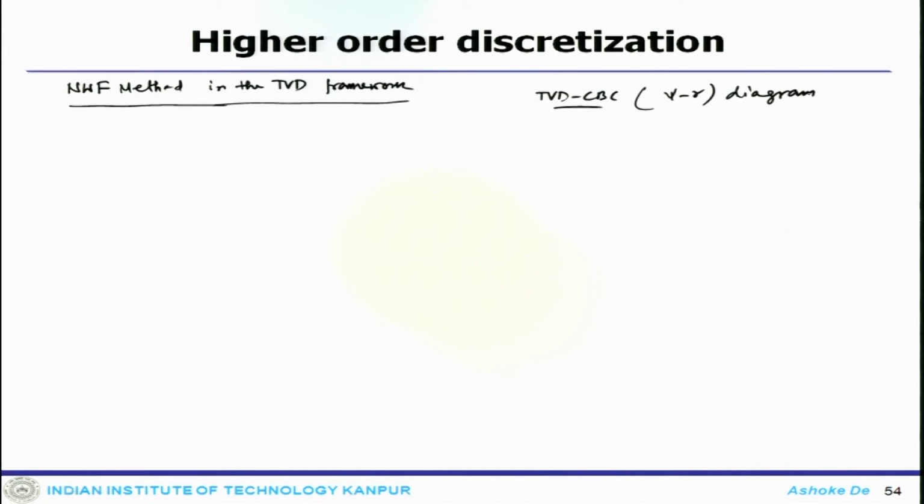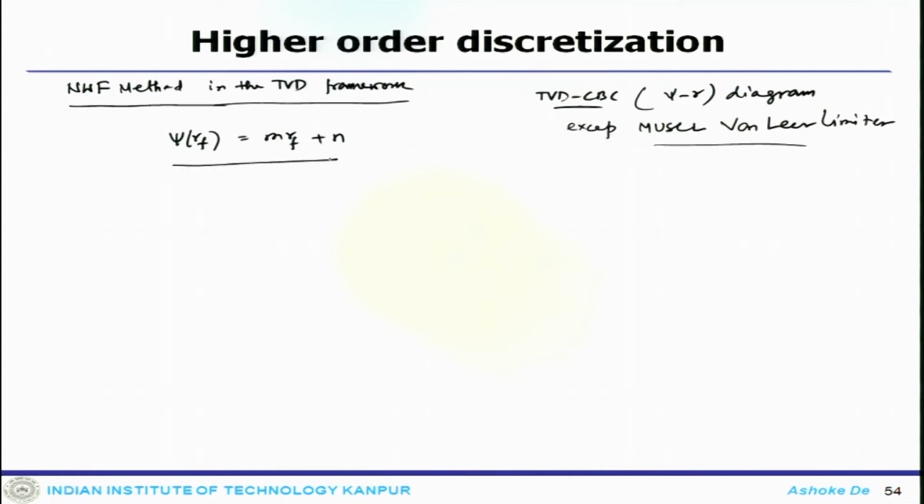So, one can write that psi RF is M RF plus N, because all other limiters will follow some sort of a straight line there.